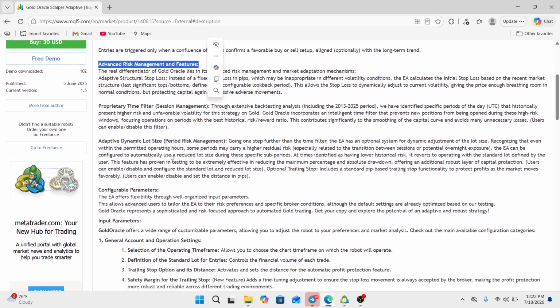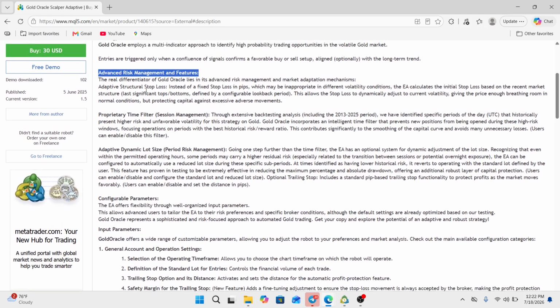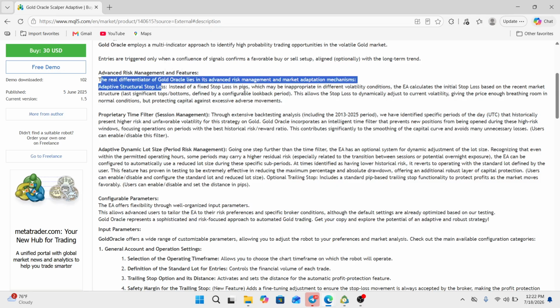As you can see here, what sets it apart, according to him, is advanced risk management and market adaptation mechanisms.